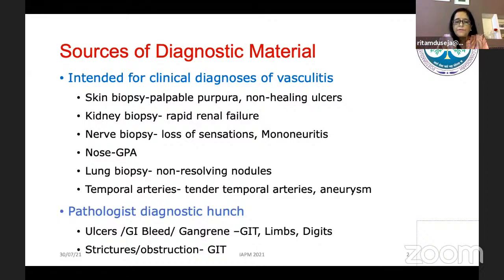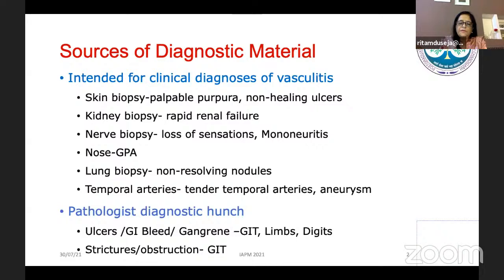Nose biopsies we do get once in a while when the clinicians are thinking of granulomatosis with polyangiitis and there's no other tissue which can be taken, and the nose is involved. Sometimes lungs where non-resolving nodules are there are also submitted, and temporal arteries for giant cell arteritis.